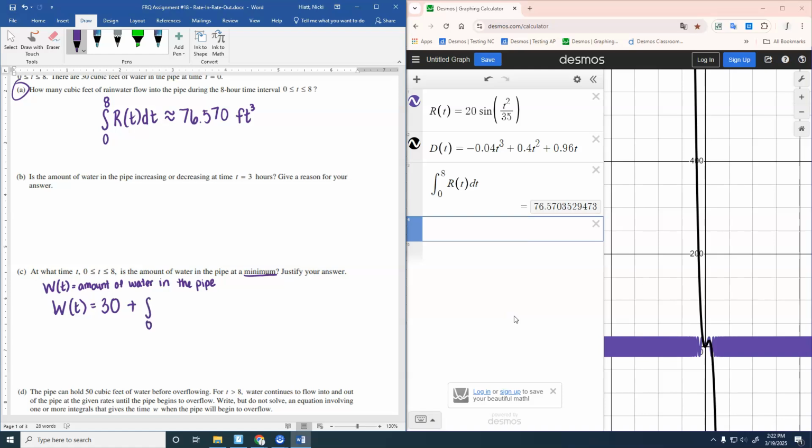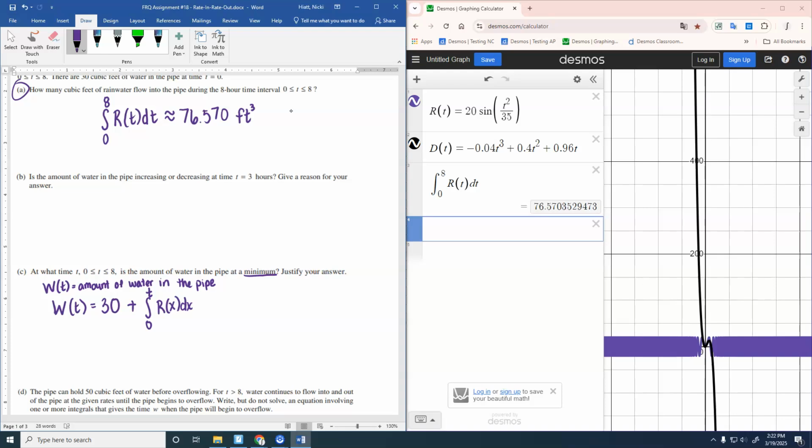Okay, integral from 0 to t. I'm going to do R of, let's see, capital R of, don't use t in both places like I was about to do. I'm going to use an X right there. So that would be the amount of water that flows into the pipe.